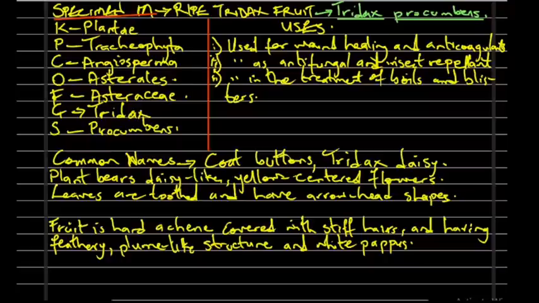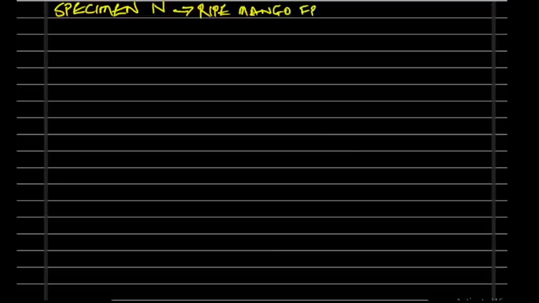So quickly we move over to specimen N. Specimen N is the mango, the ripe mango fruit. That is our next specimen.